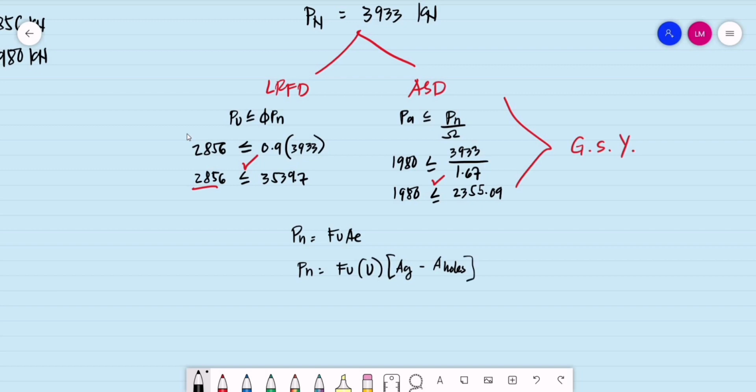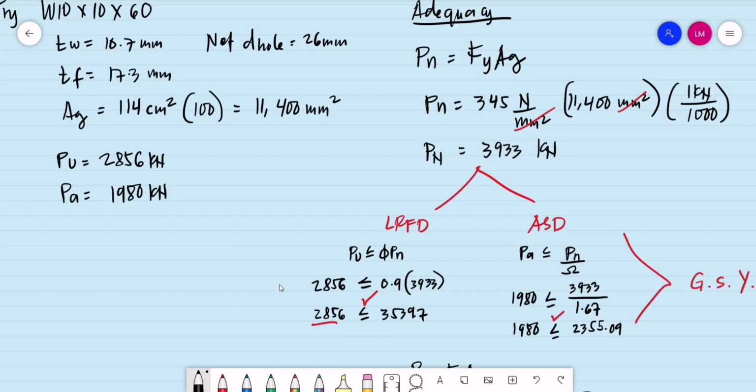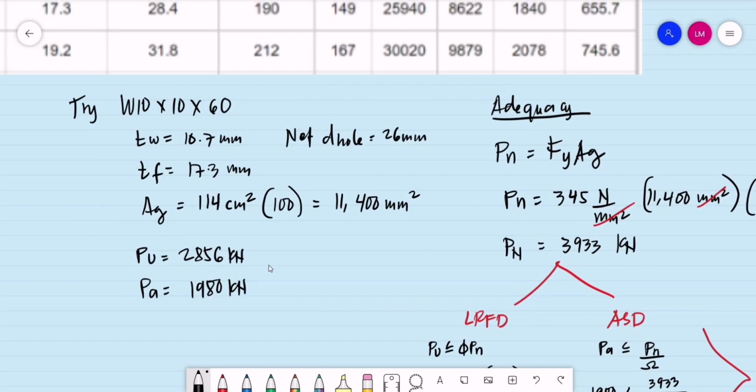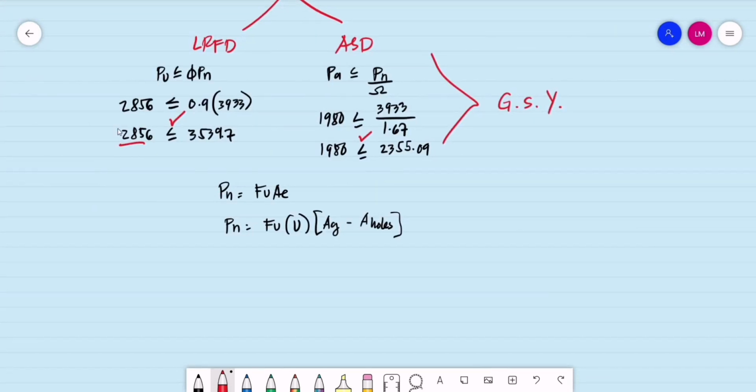When it comes to the area of the holes, we need the properties of our trial section. So for the web, we have two holes with a thickness of 10.7. Then for the flanges, we have four holes with a thickness of 17.3. And if you recall, the net diameter of the hole is 26 millimeters.